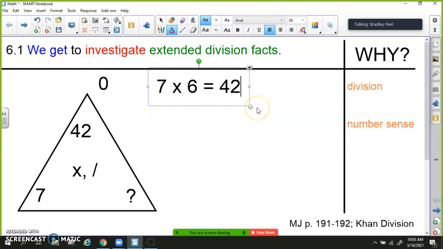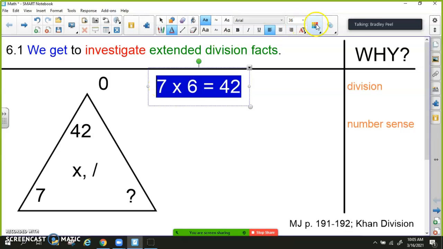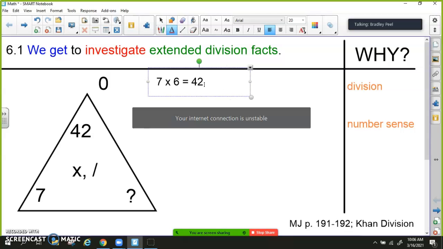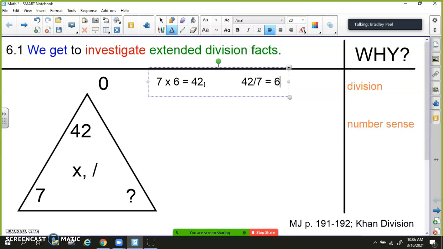Now, what does that mean in multiplication? Well, the direct connection to that, when we just have the 42 and the 7, is that now we can reverse it, perhaps, and say 42 divided by 7 now equals 6, right? So I still have the same numbers.